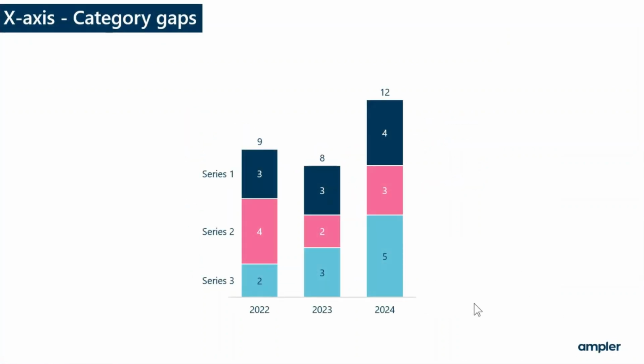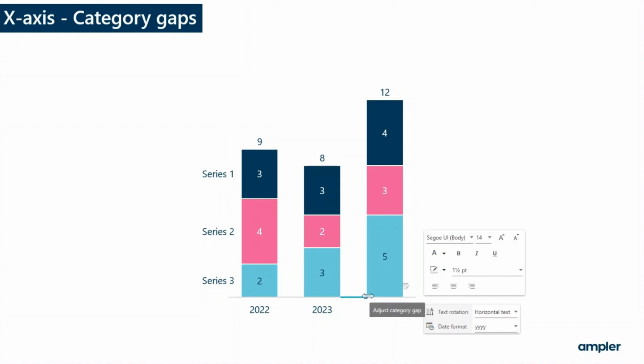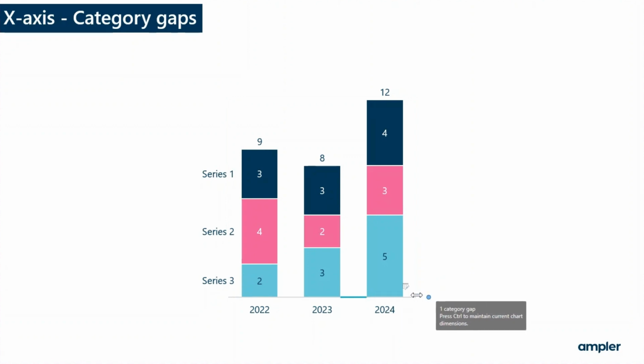You can change the spacing between two categories on a chart. Click on the axis between two categories and grab the category gap handle. Pull the handle and select the desired category gap.